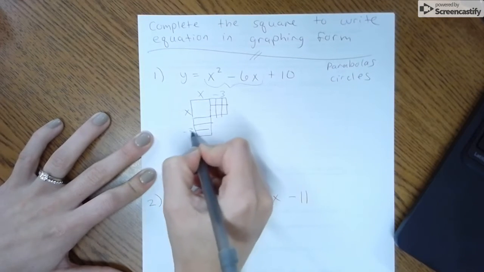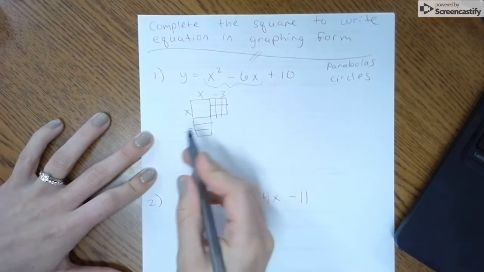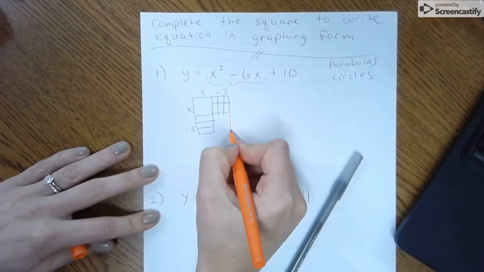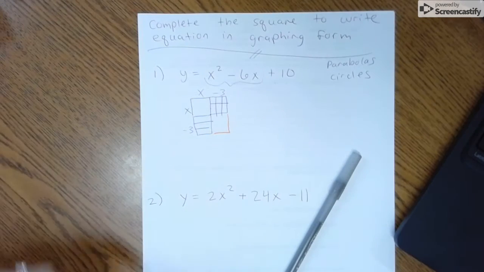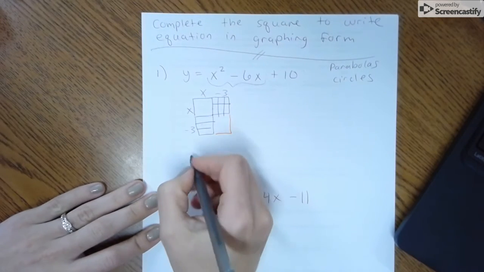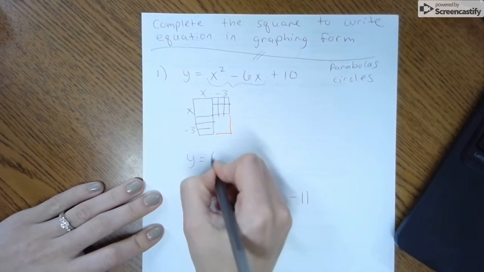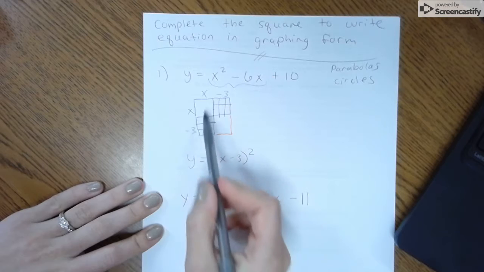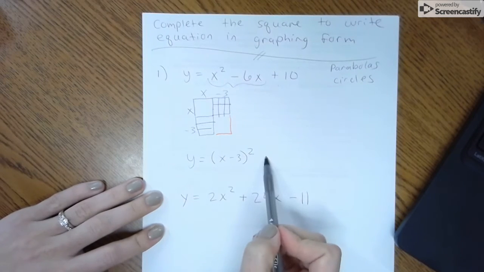This is -3, -3. So the dimensions of this square, if I were to fill in the whole thing, in orange would be the whole square filled in, but I don't have that. So this would be x minus 3 squared, because x minus 3 times x minus 3 is x minus 3 squared.